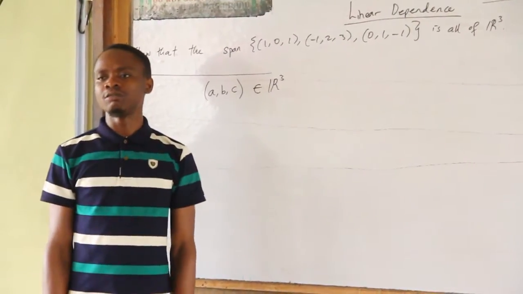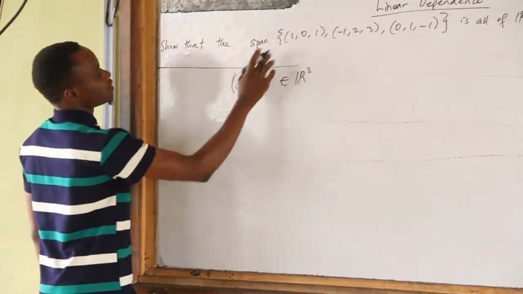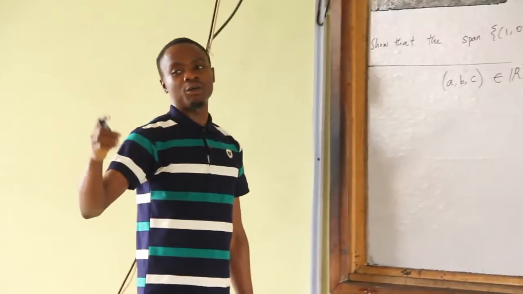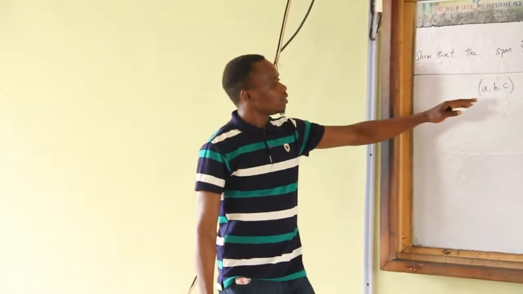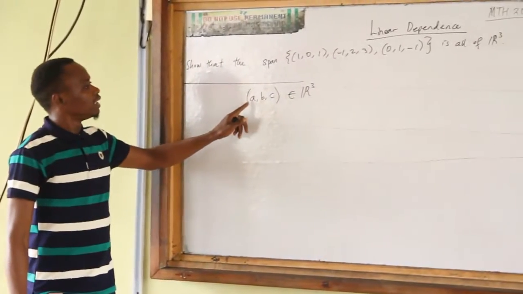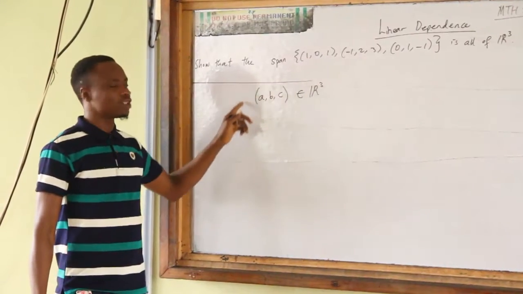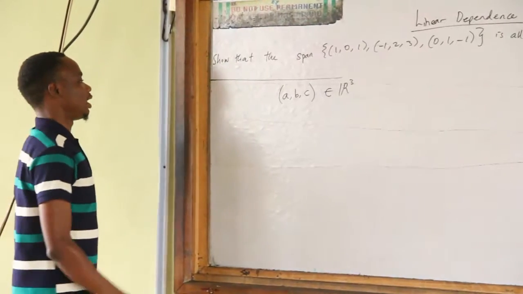So that is the meaning of that statement. That means I should be able to write (a, b, c) in terms of these vectors such that alpha 1, alpha 2, alpha 3 exist for any combination of a, b, c that I have.